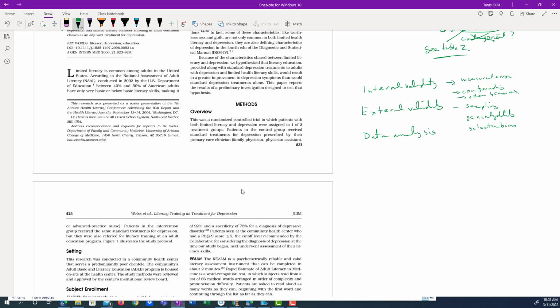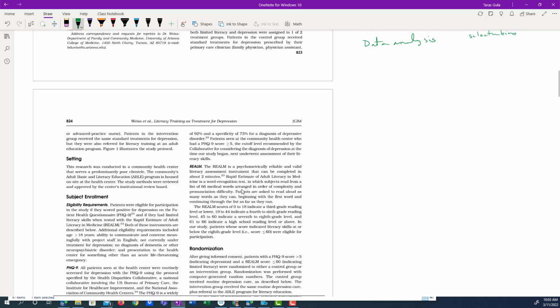The quickest way to go through this is to go through a couple of things. First of all, when they describe the methods, partly what they're doing is showing the strength and validity of the measures that they're using.